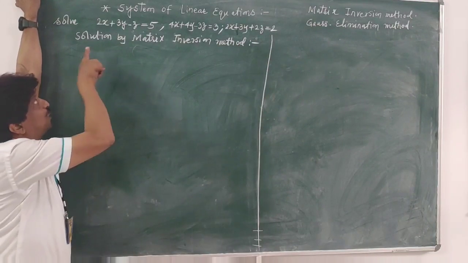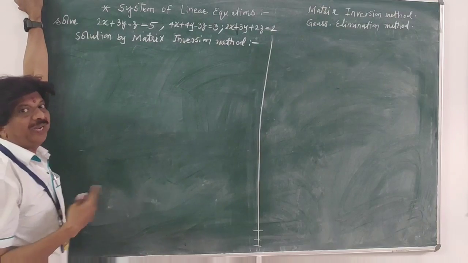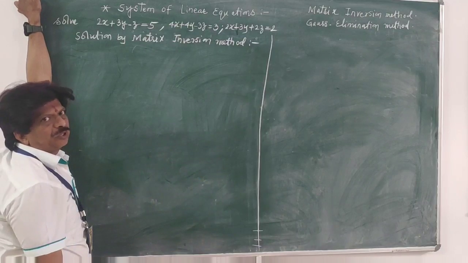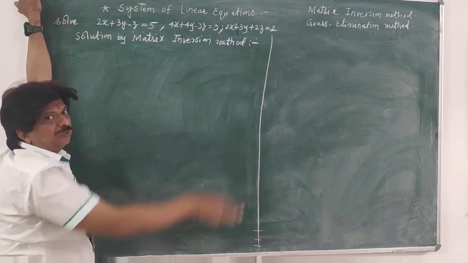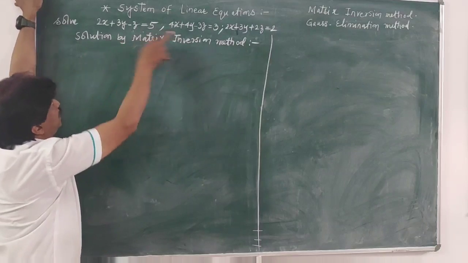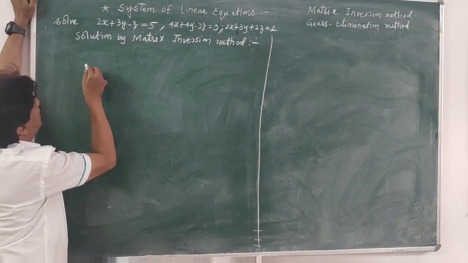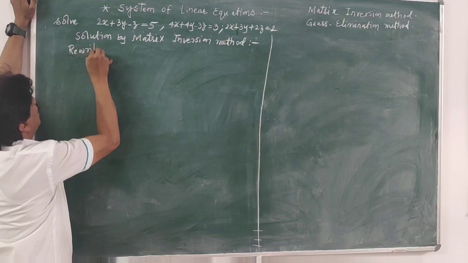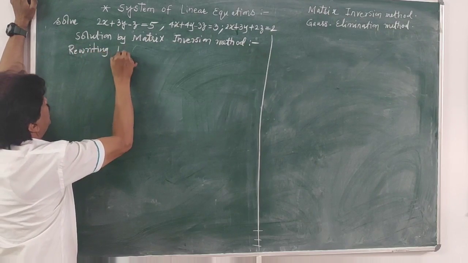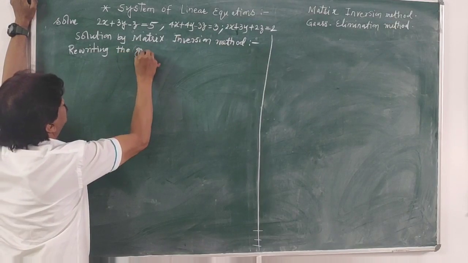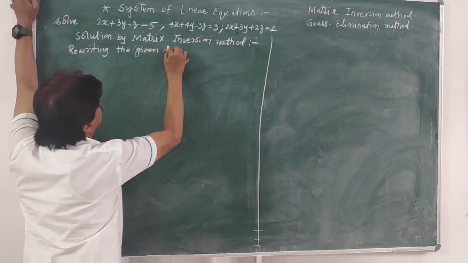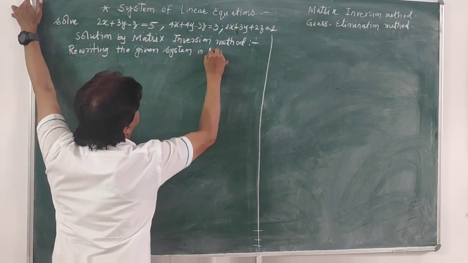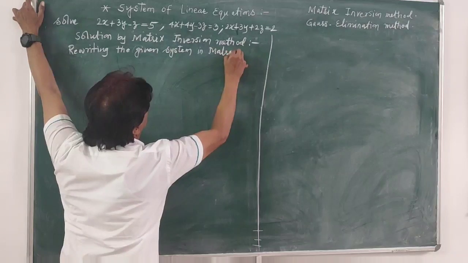At the outset, we shall express this system of three equations in the form of a single matrix equation. We know how to express this, we have already studied it. We rewrite the given system in matrix equation form.